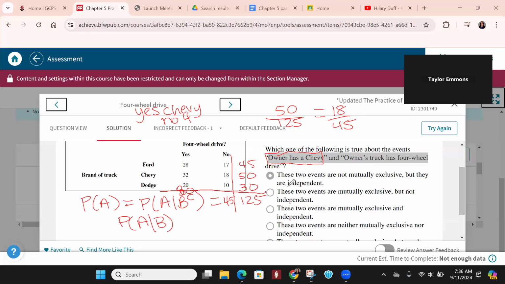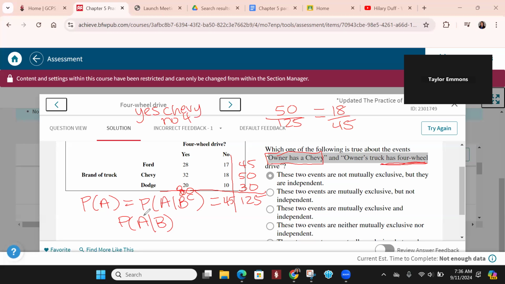Are those the same? Say again. Why is it 45? Looking at this, we said A given not B. What was B? B was that they have a four-wheel drive, right? So we want not B, so they don't have four-wheel drive. Okay, so 18 out of 45 is what? 0.4. And 50 out of 125 is 0.4.